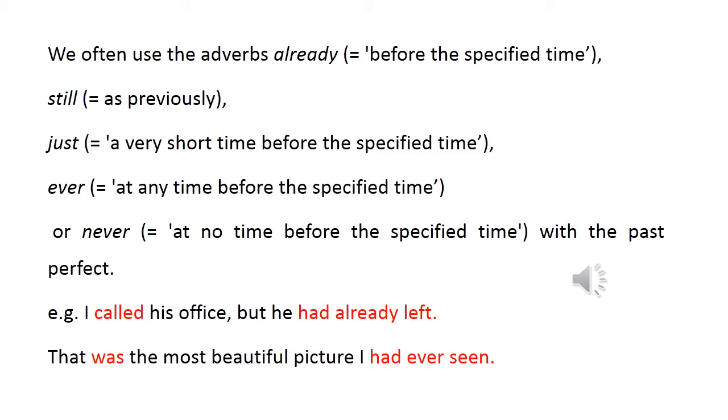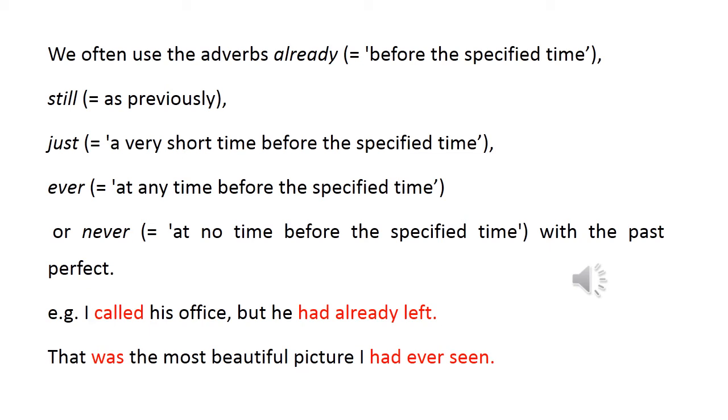And when they are used with the past perfect, what do they mean? The word already refers to before a specified time. Still refers to something as previously. Just refers to a very short time before the specified time. Ever refers to at any time before the specified time, or never at no time before the specified time.